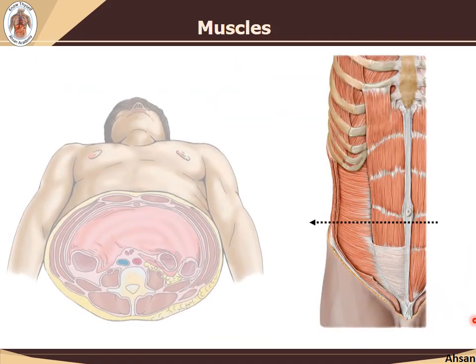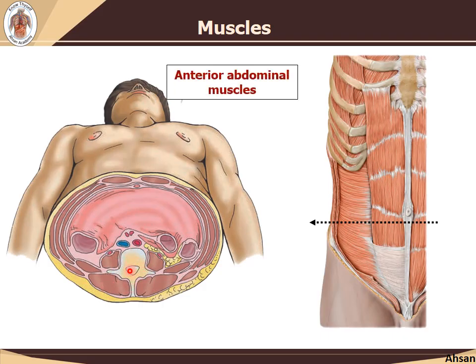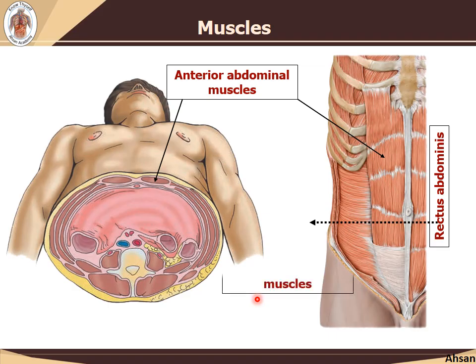So muscles are in layers and make the wall of the cavity. You can see this is one muscle forming the anterior wall, the anterolateral wall, and the posterior wall is musculoskeletal. So this is the anterior abdominal muscle, known as rectus abdominis, and one small muscle is the pyramidalis.